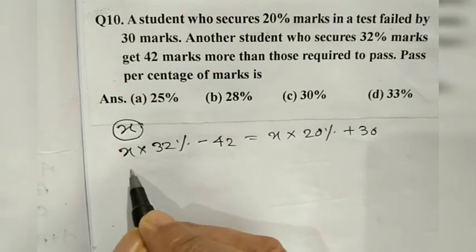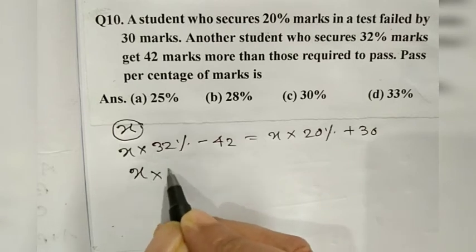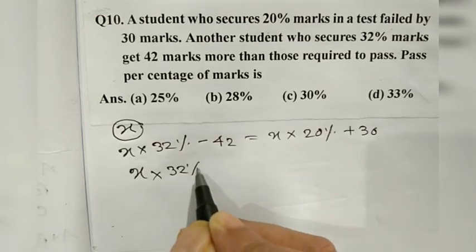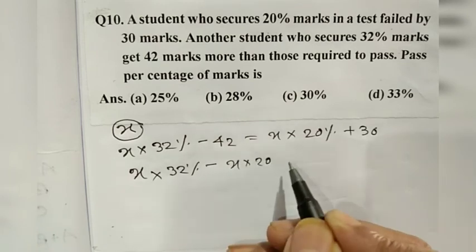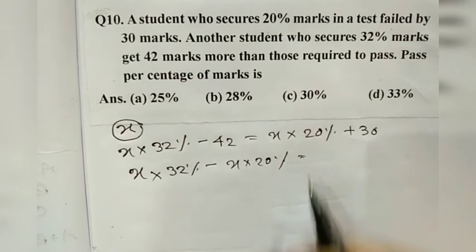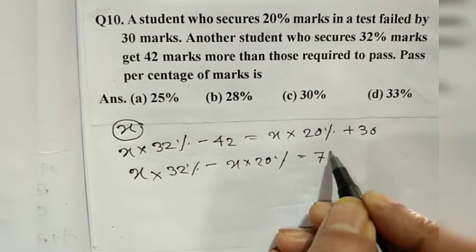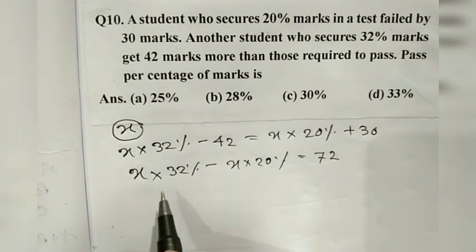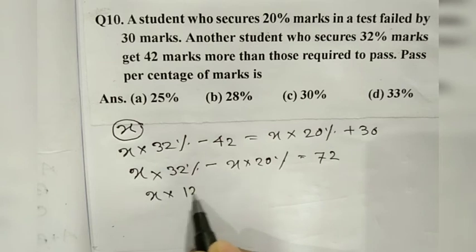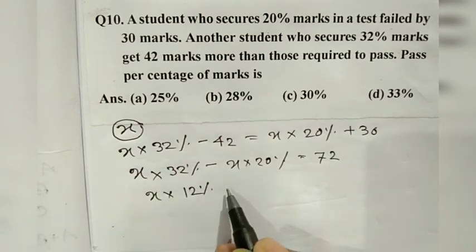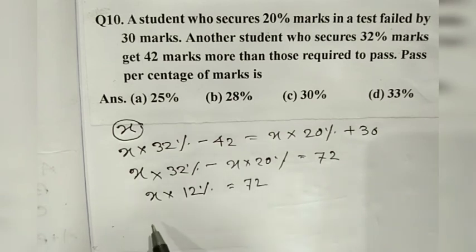Then we can write X into 32% minus X into 20% equal to 72. Then X into 12% equals 72.